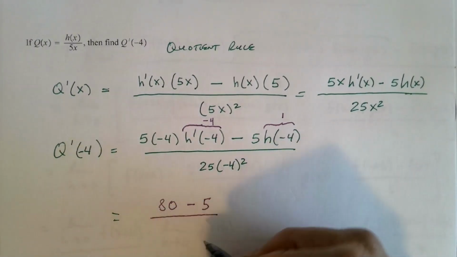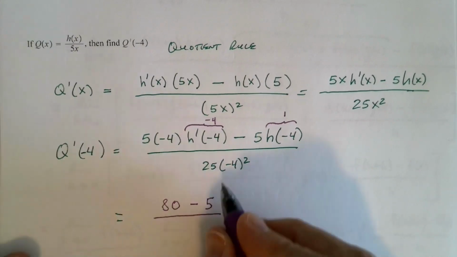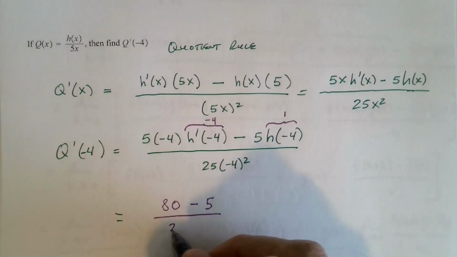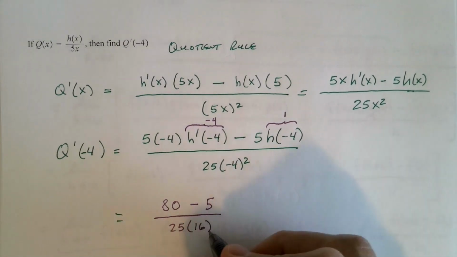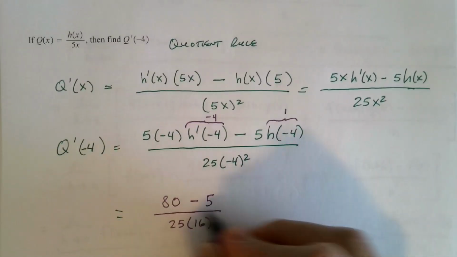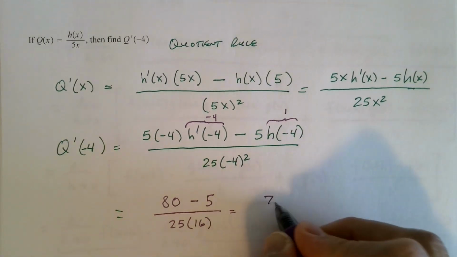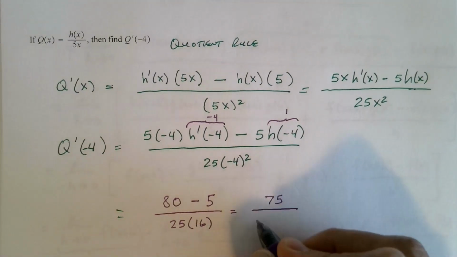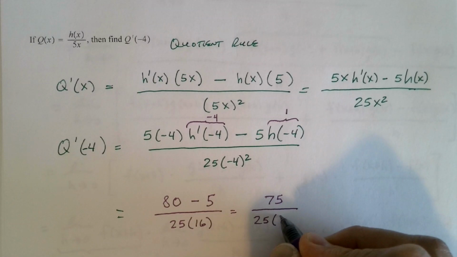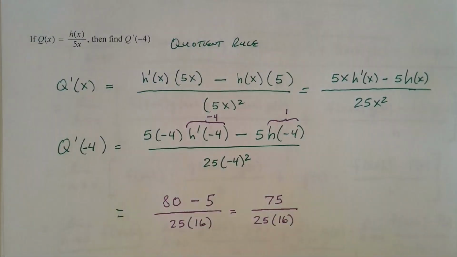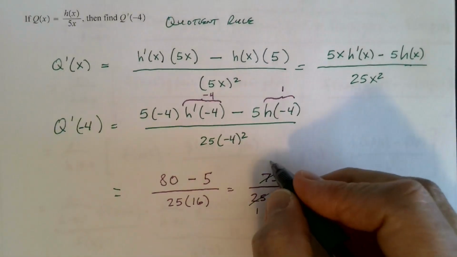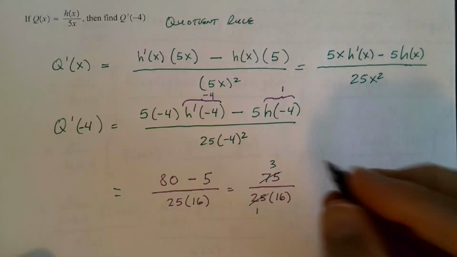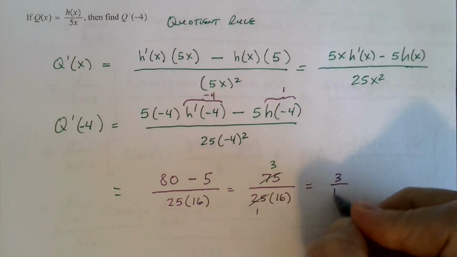All over 25 times 16, since negative 4 squared is 16. Now 80 minus 5 is 75. Instead of multiplying 25 times 16, notice what we can do first. There's a common factor of 25. Divide numerator and denominator by 25, and I get my answer, which is 3/16.